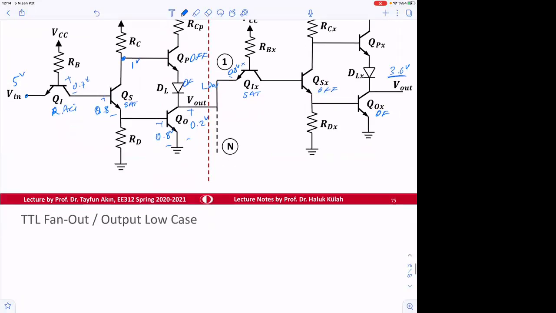Okay, we can determine this I in prime. I in prime is going to be equal to 5 minus 0.2 minus 0.8 volt divided by RBX.